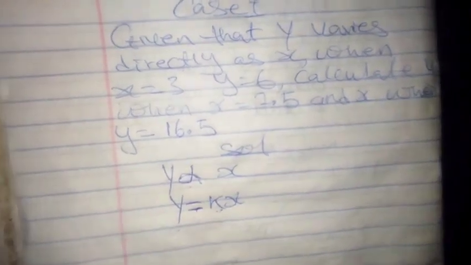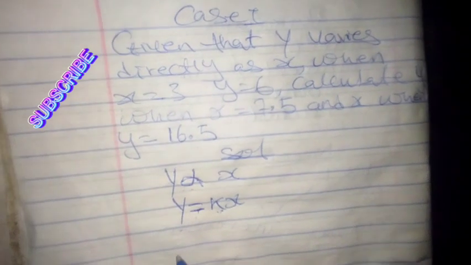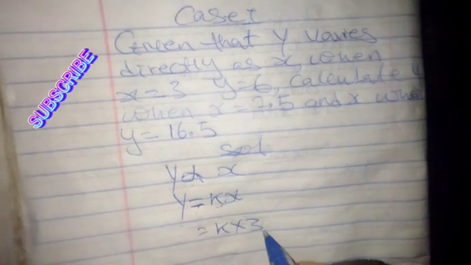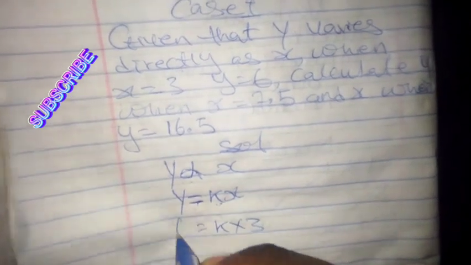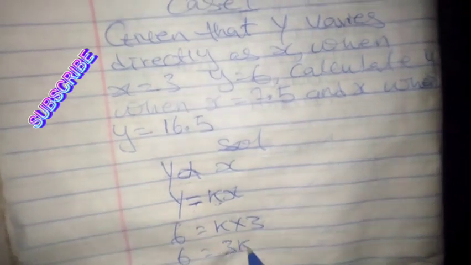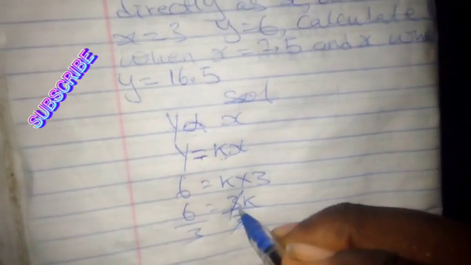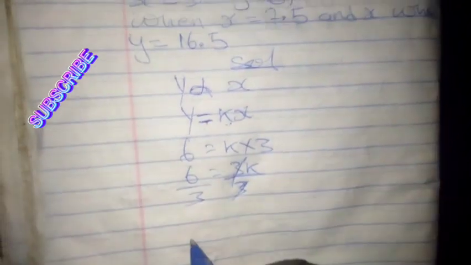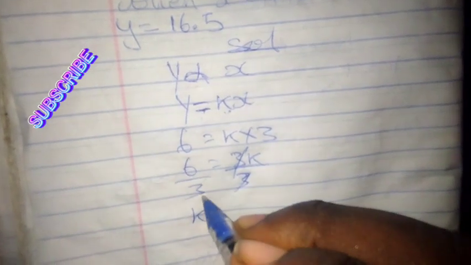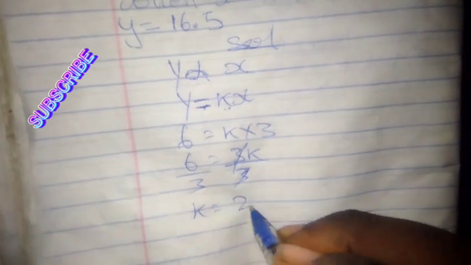Now, first of all, let's find the value of our constant. The question says when x is 3, y is 6. So 6 equals 3k. We divide both sides by 3 to make k the subject, so k equals 6 over 3, which is 2.